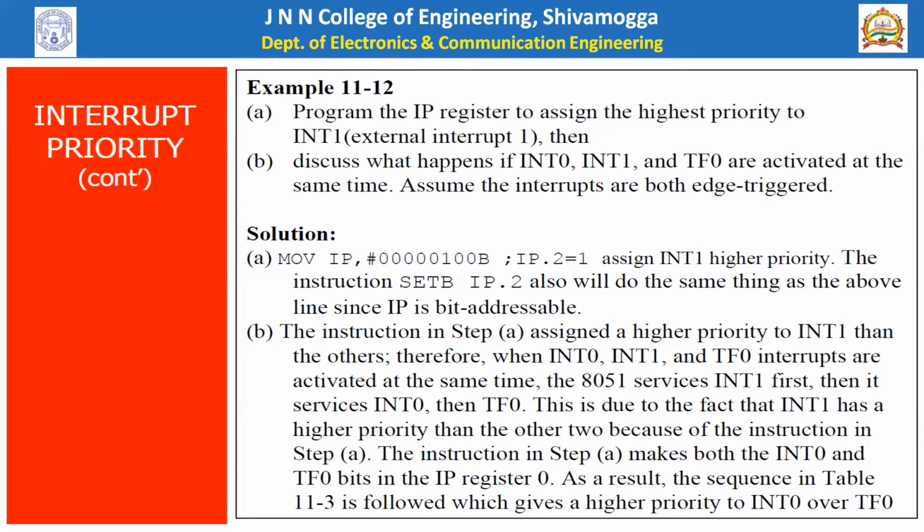As a result, the sequence in table 11.3 is followed, which gives a higher priority to INT0 over TF0. So in the IP register, as you have made INT0 and TF0 as 0, 0, you have not assigned any highest priority to them.